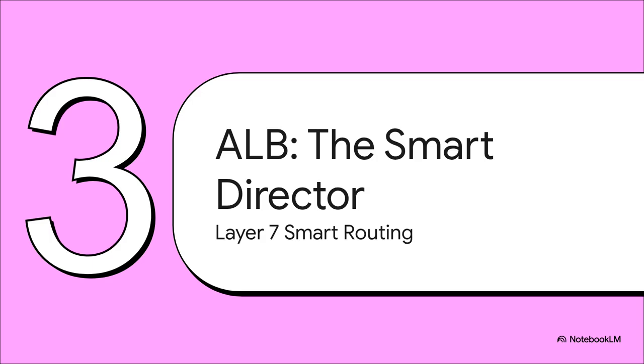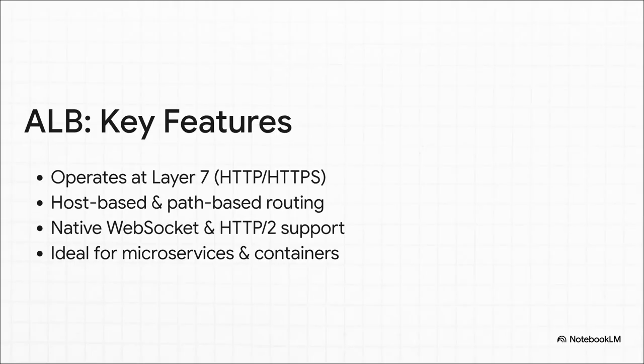Okay, let's meet the first of our modern tools, the Application Load Balancer, or ALB. If load balancers were movie directors, the ALB is the one meticulously planning every single shot, telling every person exactly where they need to be and when. It's smart. The reason the ALB is so intelligent is that it works at layer 7, the application layer.